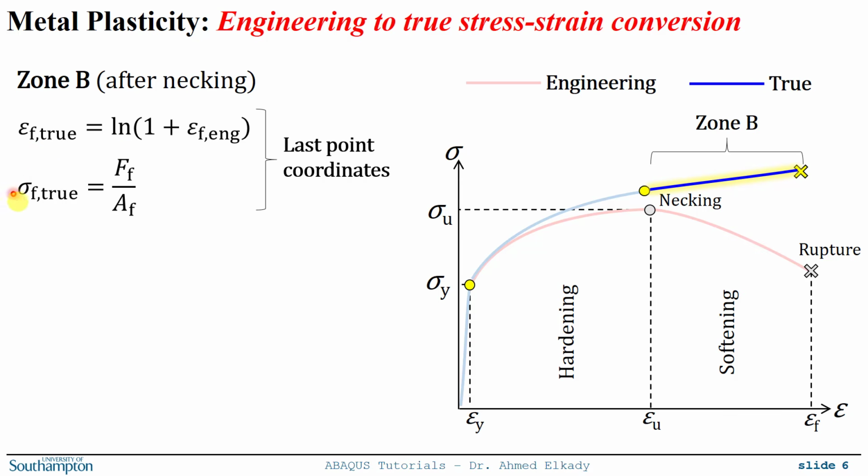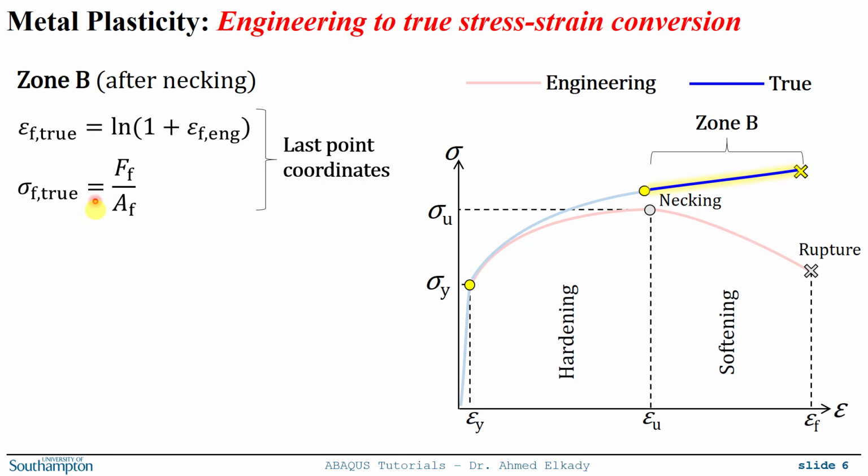But for the stress, you can compute this if you know the force. You already know the force at the end of the coupon test, but this time you just need to divide it by the failure area.